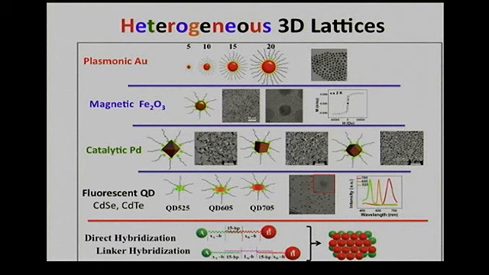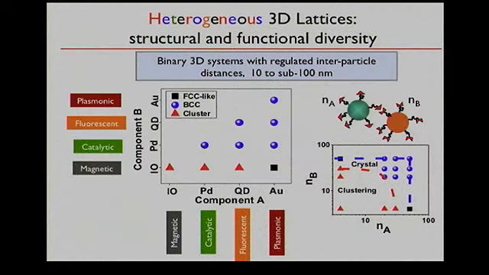All those materials can pretty much be mixed and matched to form this three-dimensional organization using either direct hybridization or linkers, all those approaches which I mentioned previously. What this allows, in terms of materials, is to make multifunctional materials which can be at the same time fluorescent and catalytic, or magnetic and plasmonic, and so on.